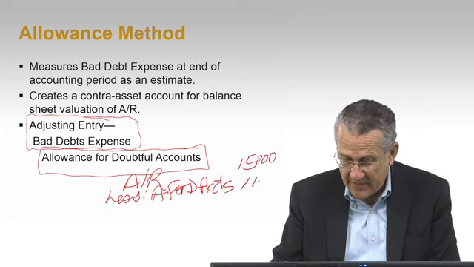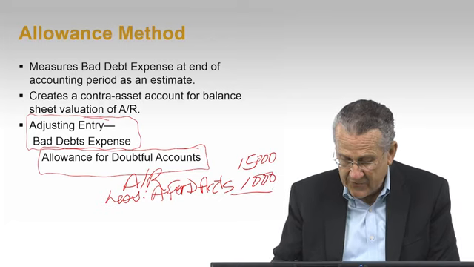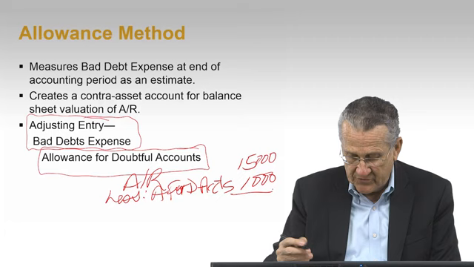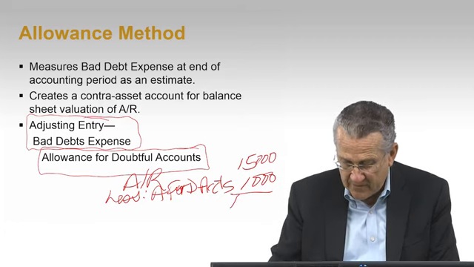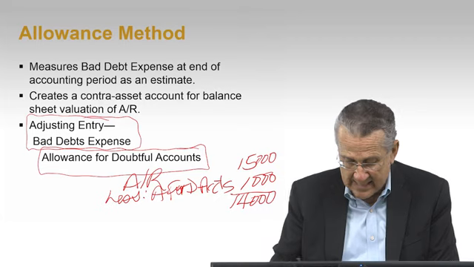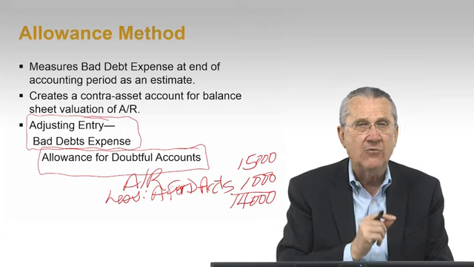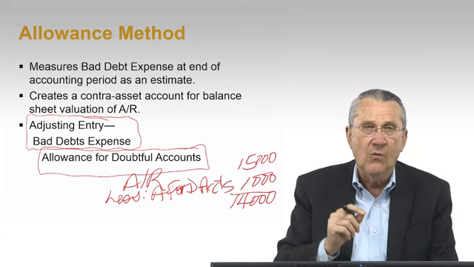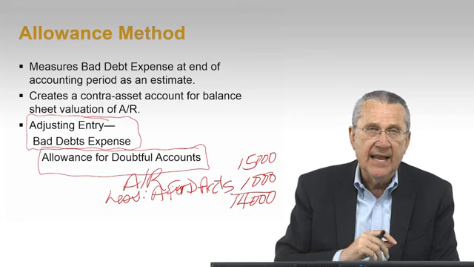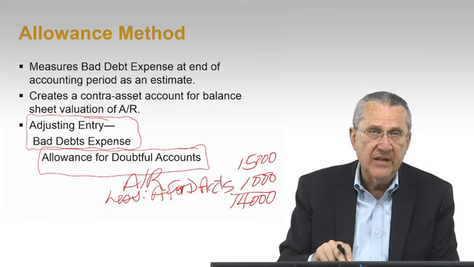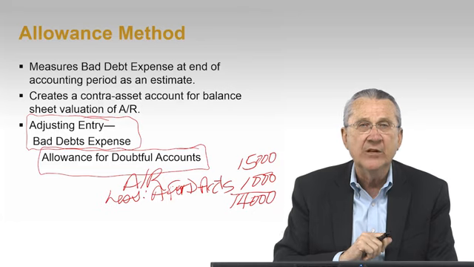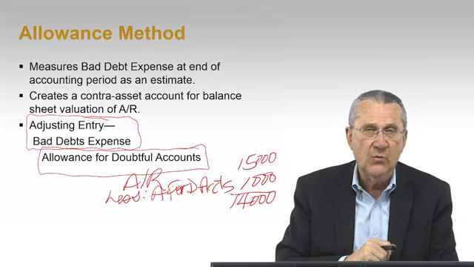This could be $1,000. And so the net value of accounts receivable in that instance would be $14,000. This contra asset account, the allowance for doubtful accounts, is the one that we've just created and will be used to give us a good valuation for accounts receivable, the best we can estimate.